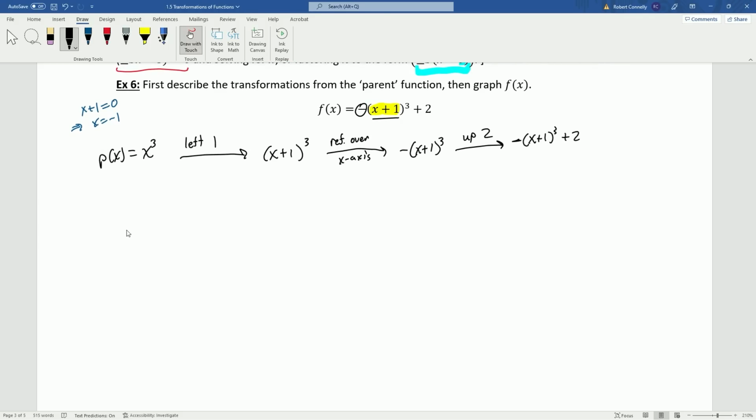So now we're just going to graph each of these shifts, and I'm going to sketch this quickly. I'm not going to be super precise. We've graphed x cubed enough times here, I think. It looks something like this.